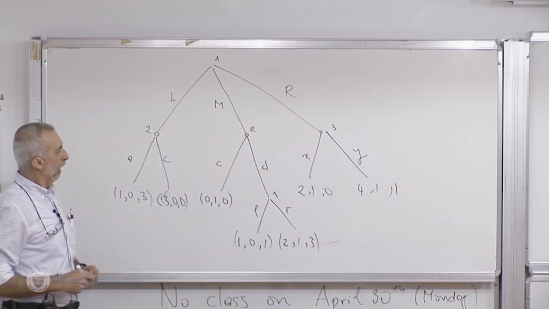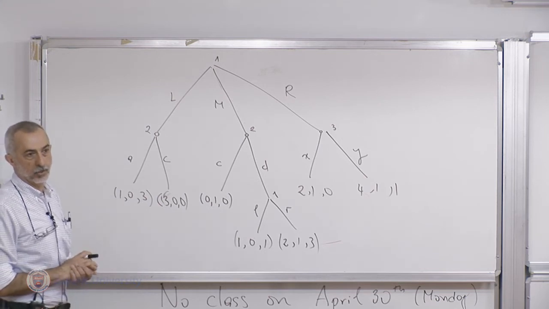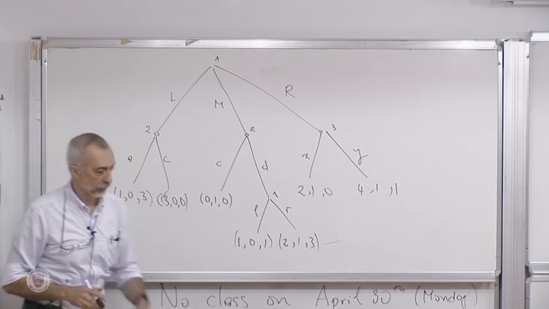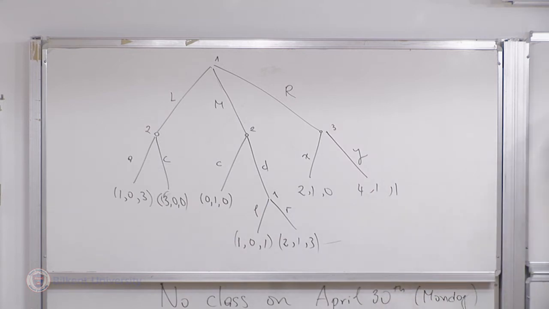So, I want to find the subgame perfect Nash solutions of this game. Again, before you attack the problem, it's a good idea to write down what the strategy sets of the players are.